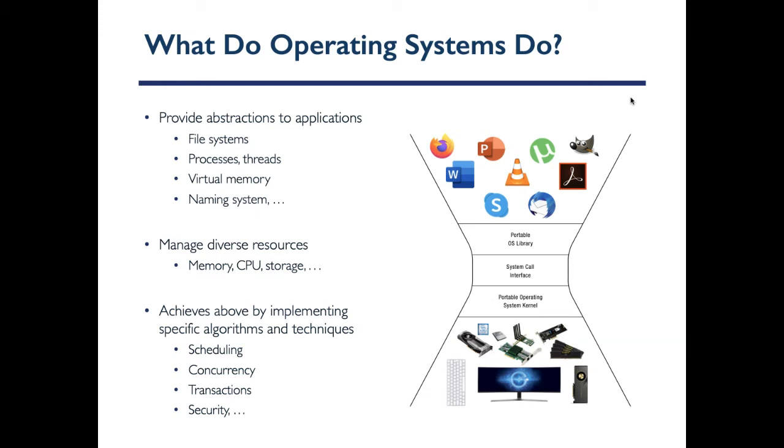So as you can see, in this picture on the right, you have a very narrow operating system in between, and then a wide area for your software and a wide area for your hardware.